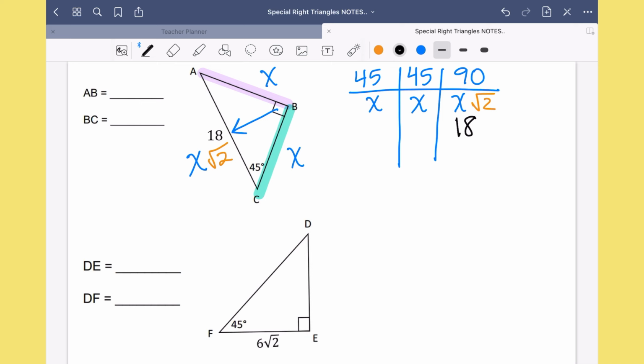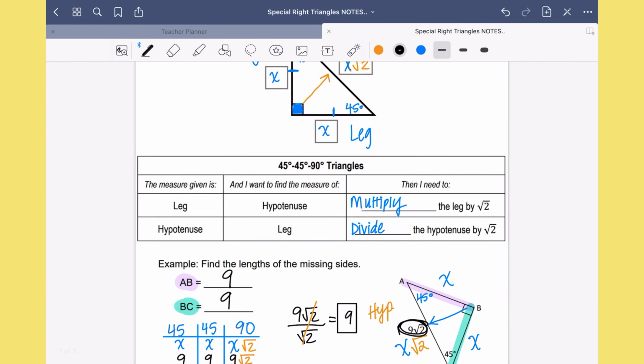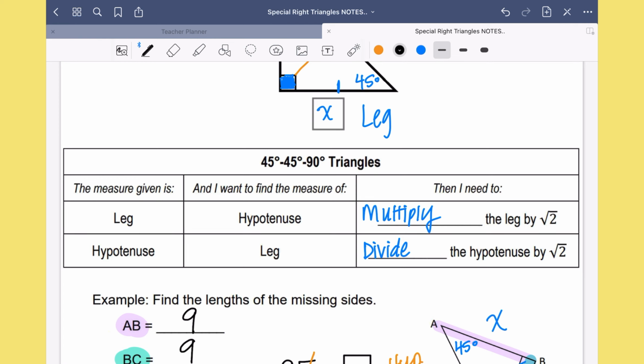So how would you solve this? I say for this one, we use the other method. The one where it says, I have the hypotenuse, the measure given for this 45, 45, 90 triangle. They gave me the hypotenuse. I want to find the legs. Divide the hypotenuse by the square root of 2.